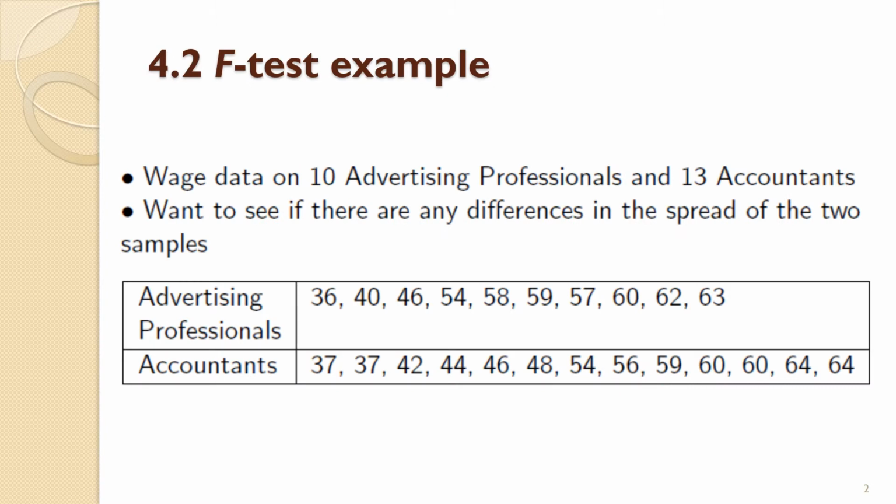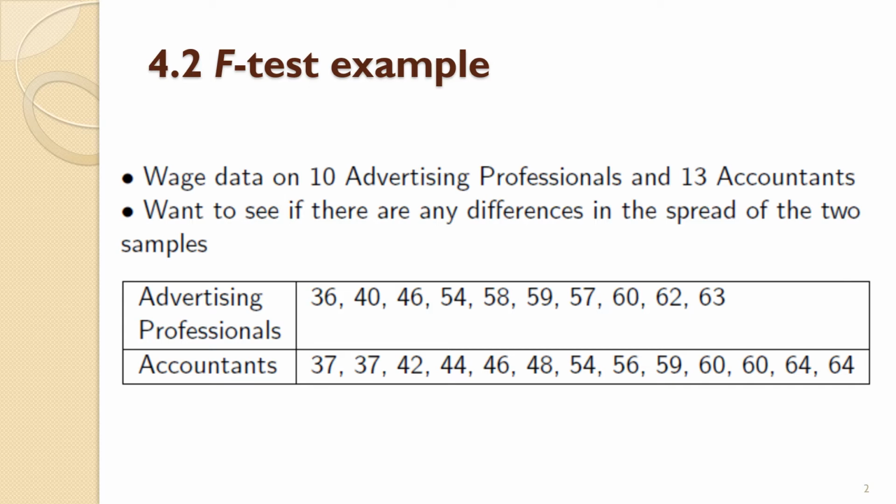So, as an illustrative example, suppose you've got the same data that we've seen before: wage data on 10 advertising professionals and 13 accountants. You want to see this time if there's any difference in the spread of the two samples. We did the two-sample t-test earlier in the lecture and found there was no evidence for a difference in the average salary levels.